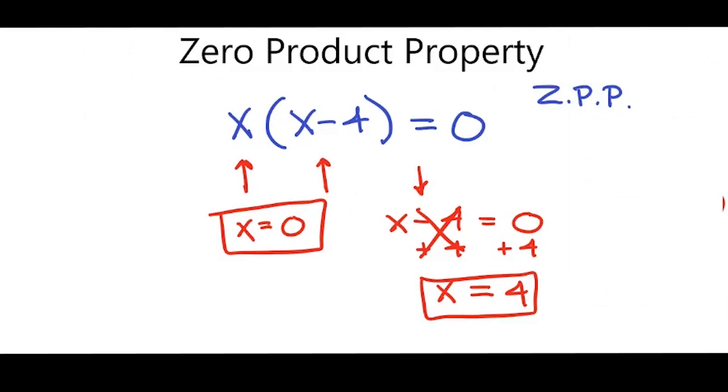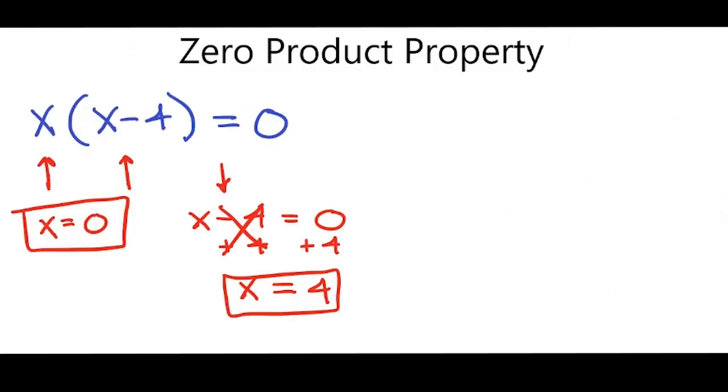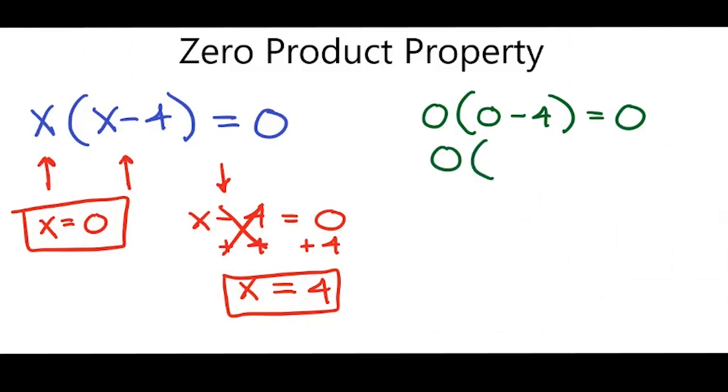And I can check that by plugging in x equals 0 first. So we'll do 0 times (0 minus 4) equals 0. So let's check that. 0, and then 0 minus 4 is -4, equals 0. Well, 0 times -4 is 0. So 0 equals 0. Check. That one worked.